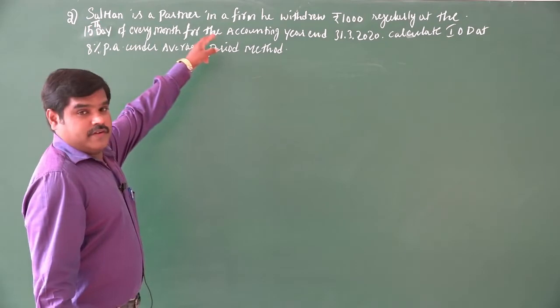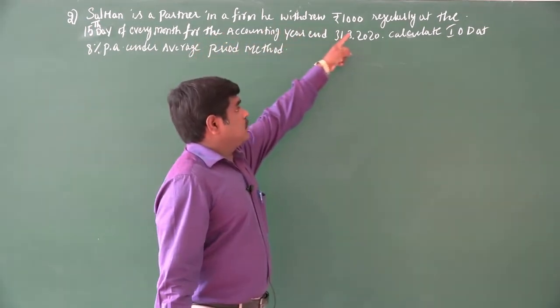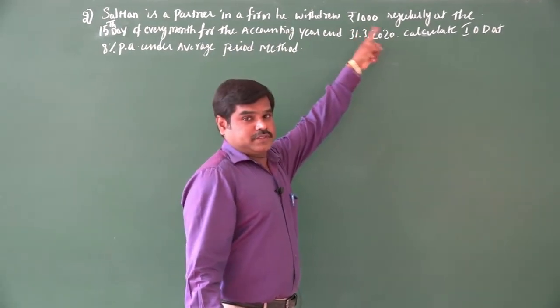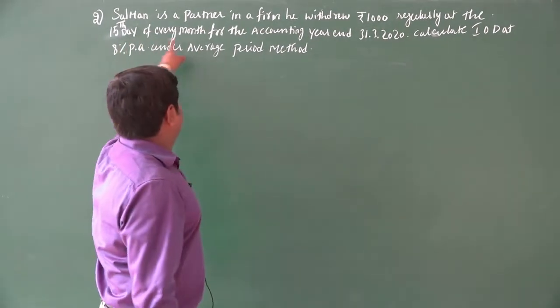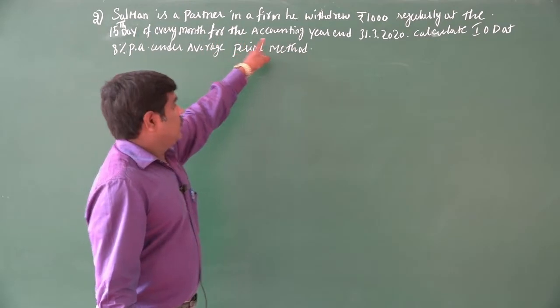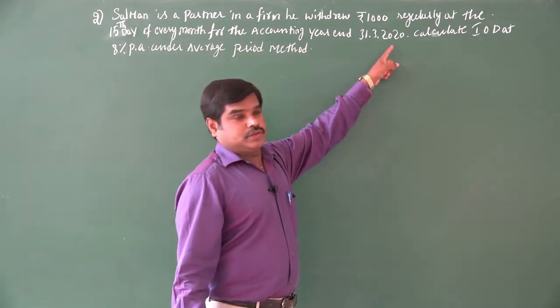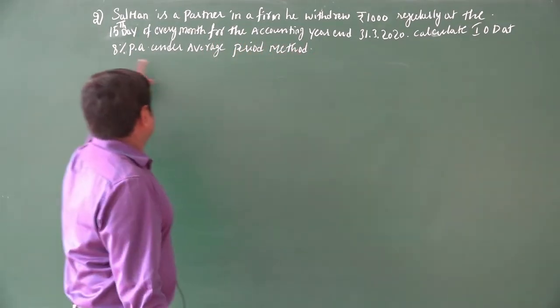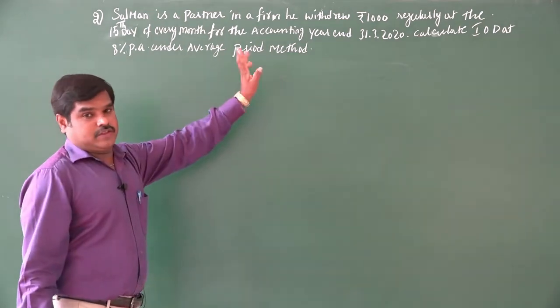Salman is a partner in a firm. He withdrew rupees 1,000 regularly at the 15th day of every month for the accounting year ending 31st March 2020. Calculate interest on drawings at 8% per annum under the average period method.